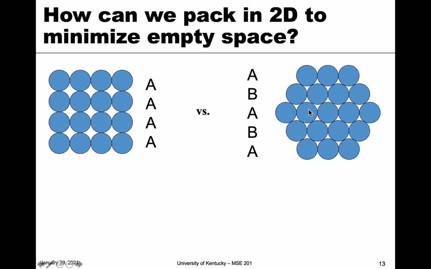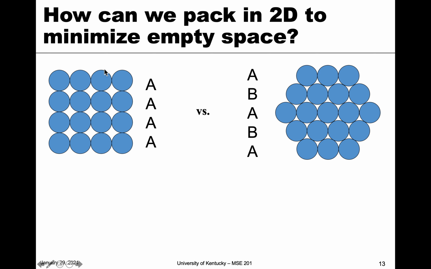And so we look at the empty space here. The circles are blue, so the white is the empty space. So you see the empty spaces here are much smaller, right? So just visually, you can see that this is more efficient because it's got less empty space than what we see over here, right? And so this is going to be a way of looking at how densely packed materials are, right?